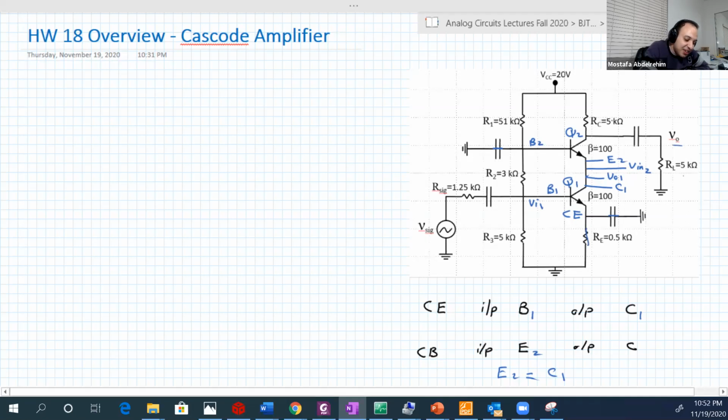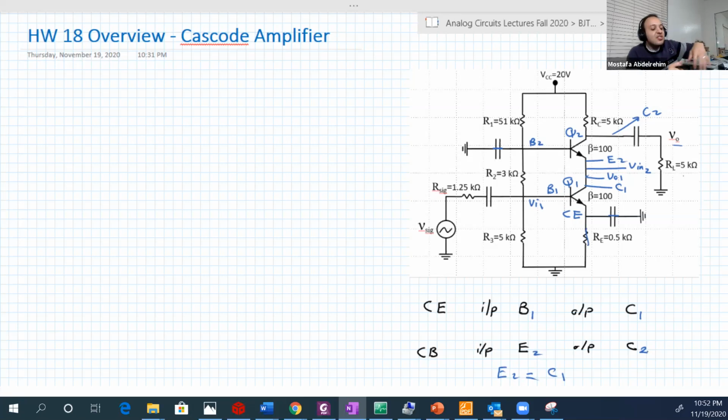The output is at collector 2, which is expected from a common base amplifier. This is in DC, I didn't draw the AC equivalent. When I draw the AC equivalent circuit, you will be convinced that the output of stage 1 is the input of stage 2. You will be very satisfied when I show you that on the AC equivalent circuit.